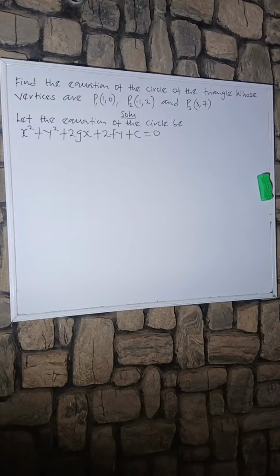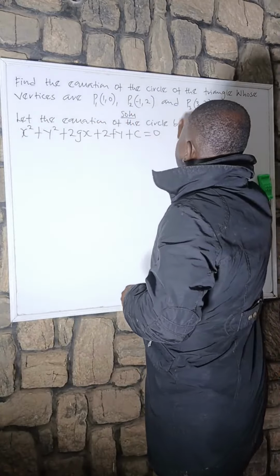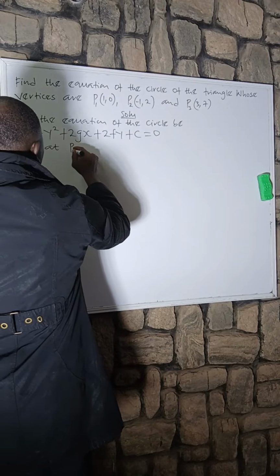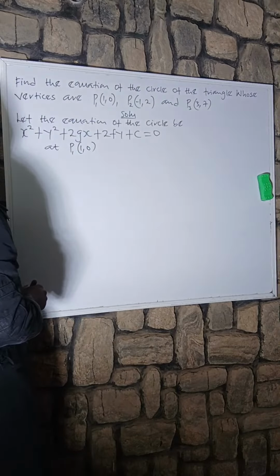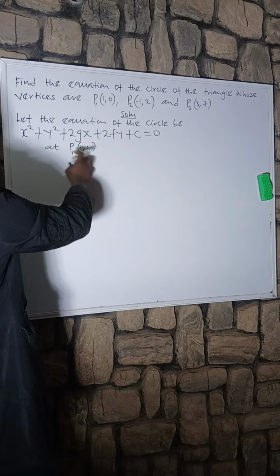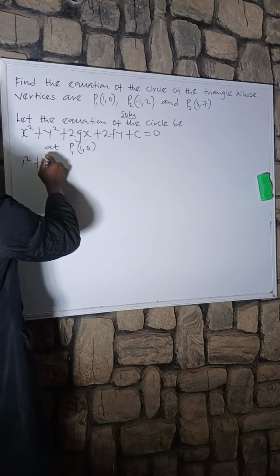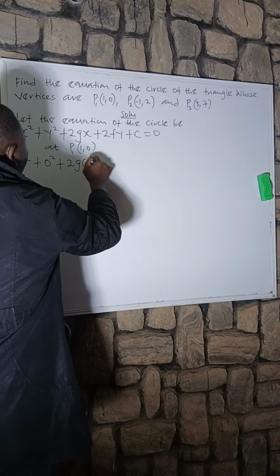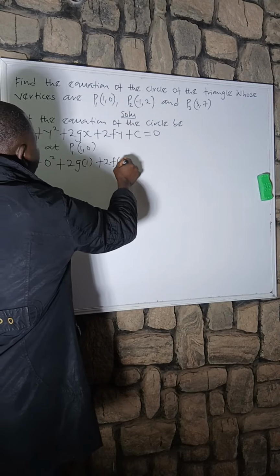So if you believe that it is true, say the vertices of the triangle are P1, P2, P3. So we now write at point P1 (1, 0). It means your x is this, y is this. So here will be 1 raised to the power 2 plus 0 squared plus 2g of 1 plus 2f of 0, y is 0, right?